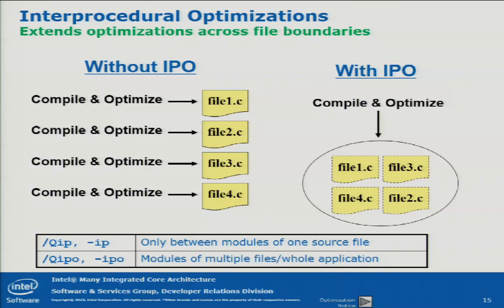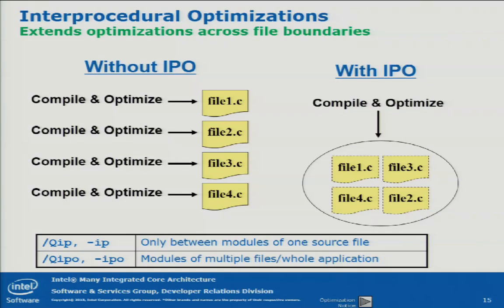Okay, what's IPO? IPO stands for Interprocedural Optimization, and the usual problem that the compiler has is that for good optimization, it needs to see all the code, right? But the programmer has a tendency to break the code up into modules, source files, libraries, and that kind of stuff. And usually when you do that, the compiler looks at one source file, compiles that, optimizes it, and writes the assembly code to disk.